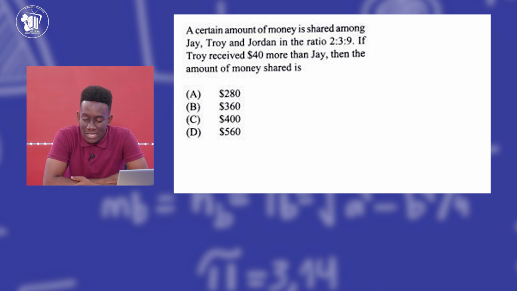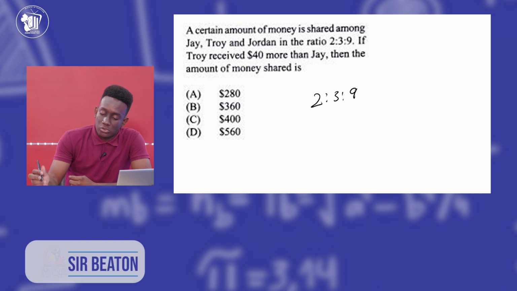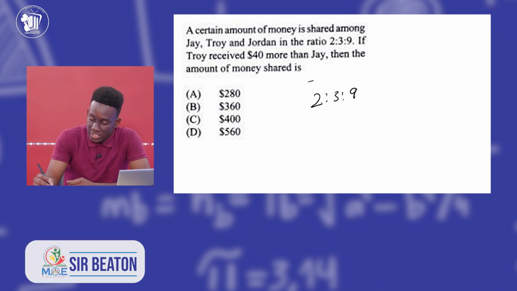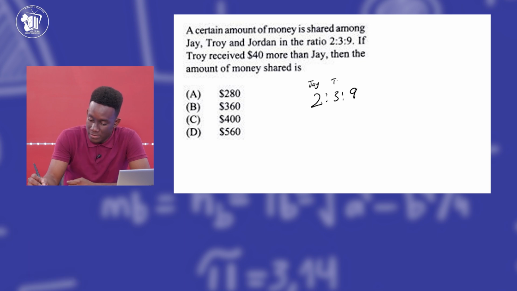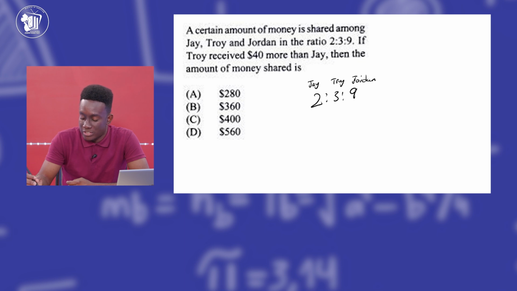This one says, a certain amount of money is shared among Jay, Troy, and Jordan in the ratio 2 to 3 to 9. If Troy received $40 more than Jay, then the amount of money shared is. So we have Jay, Troy, and Jordan, and the ratio that the money is shared among them is 2 to 3 to 9.